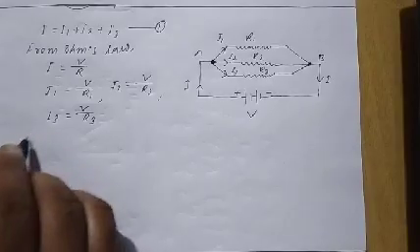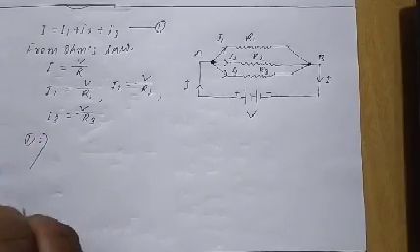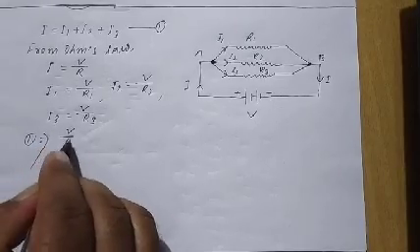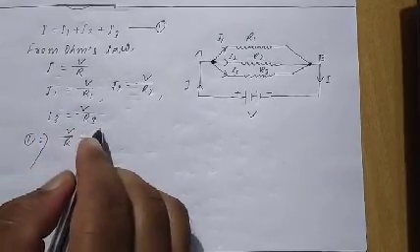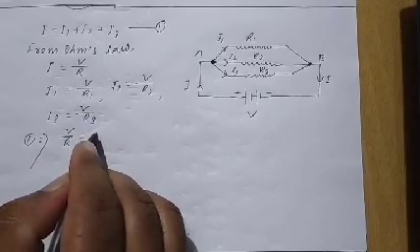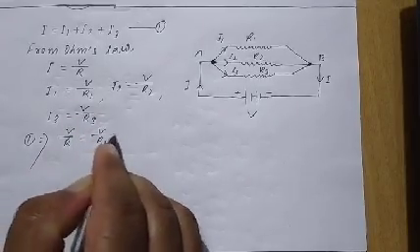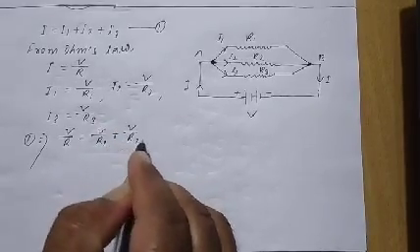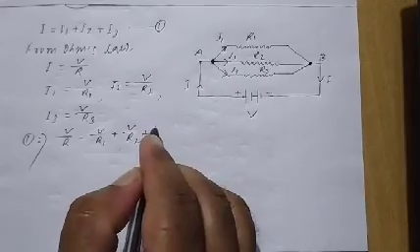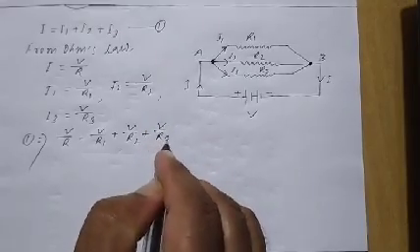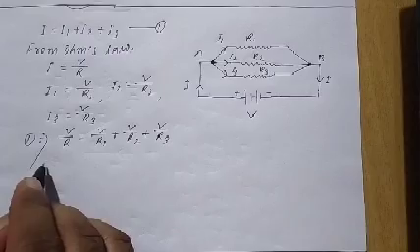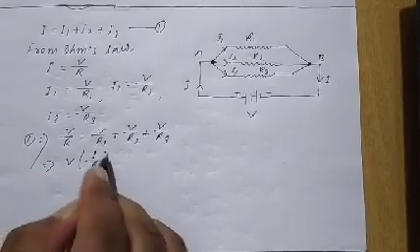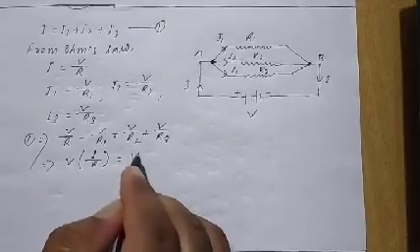Substituting all this in equation 1, what do we get? In place of I we get V by R. In place of I1 we get V by R1, in place of I2 we get V by R2, and in place of I3 we get V by R3. So here we can write V into 1 by R. Here also we can take V common.